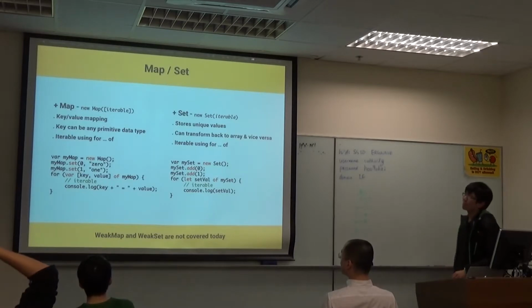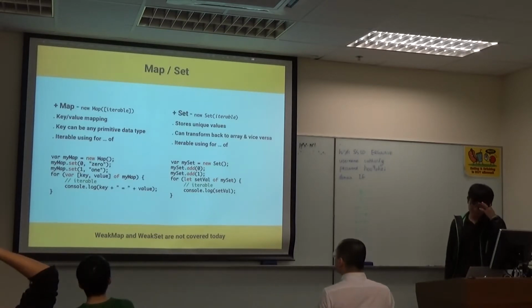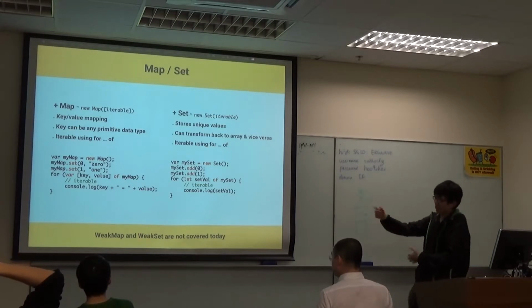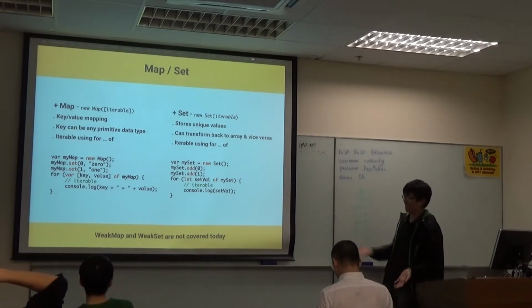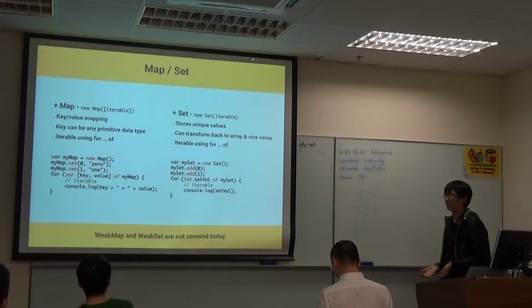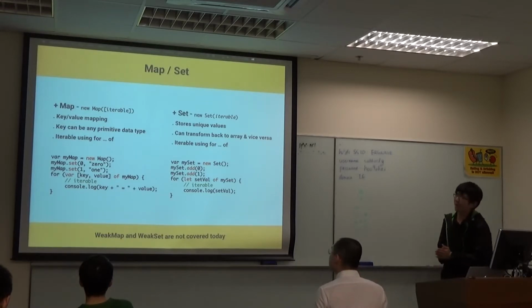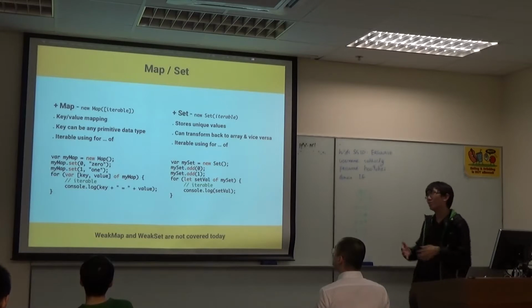Next is map and set. There are also something we call weak map and weak set. Time is very limited today, so they are not covered today, and you may read on your own. So map is a key value mapping. And someone will ask why we don't use object instead of map.